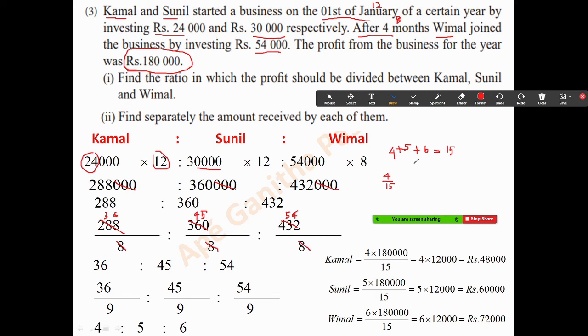Sunil gets 5 parts, so Sunil's fraction is 5 over 15. Vimal gets 6 parts, total parts 15, so 6 over 15.